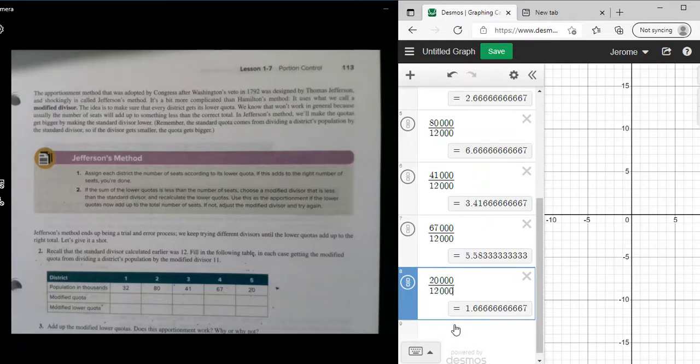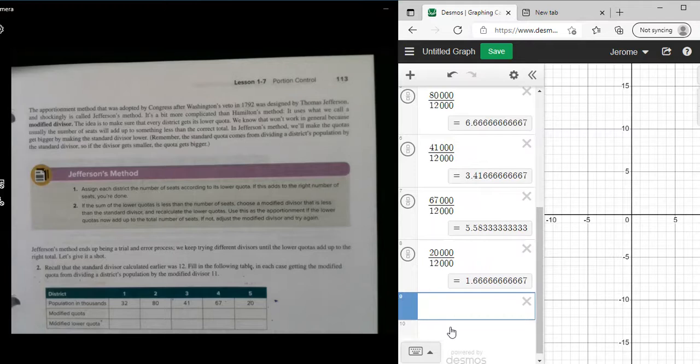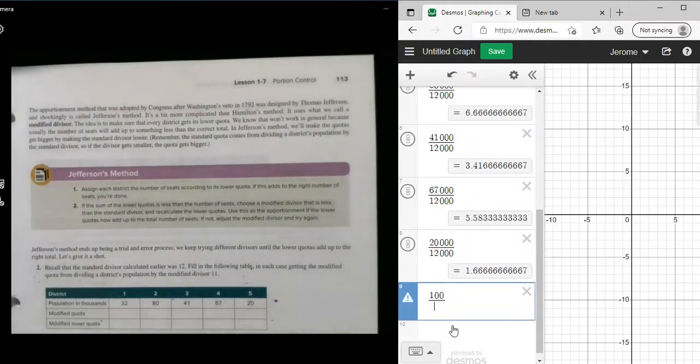Remember, the standard quota comes from dividing a district's population by the standard divisor. So if the divisor gets smaller, the quota gets bigger. Just to illustrate this, let's say we took 100 and divided it by 2.